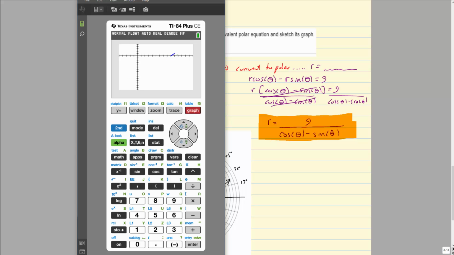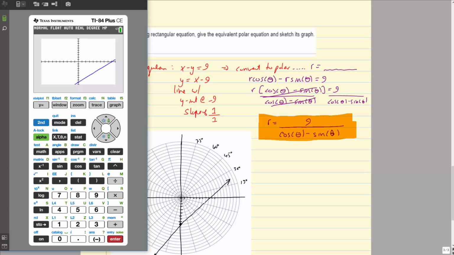It looks a little different. We have to adjust our window maybe. I'm going to go to zoom trig here and see what happens. Well, that's even less interesting. Let's see if we can get it to some right settings. So I found that zoom standard worked really nice here. Zoom standard was option 6, and I got this nice graph. And we can see that it matches with what we have here.